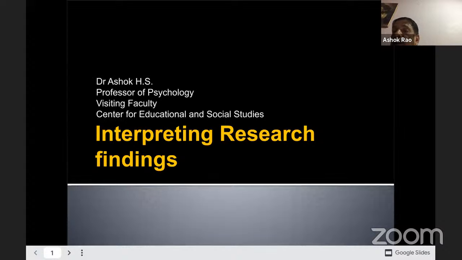You may be clear about the independent variable. You may hypothesize about the relationship between independent and dependent variable, but there are several confounding variables or extraneous variables or moderating variables. So it would be very difficult for any researcher, especially in social science research, to identify all the variables that could have an effect on the relationship between independent and dependent variables.